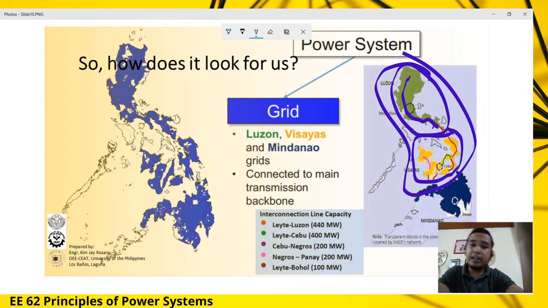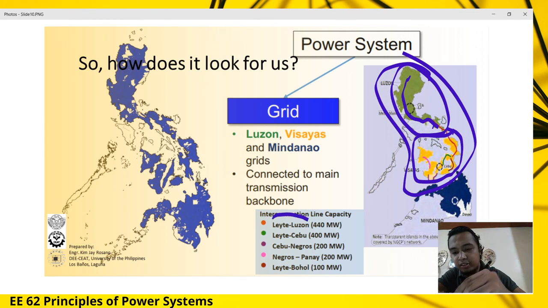Hindi siya tatawid ng dagat, so the construction is easier as compared to that one in Visayas. Kasi this one in Visayas, kung mapapansin nyo, kailangan niya tumawid ng dagat. So yun. So you have the interconnection line.